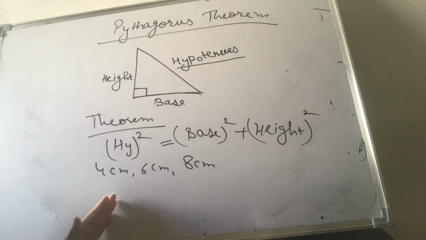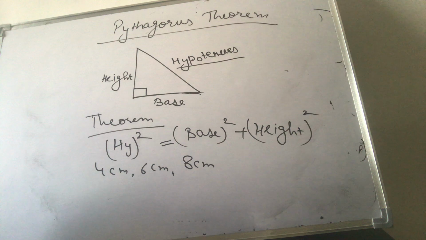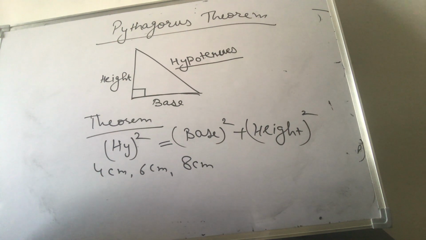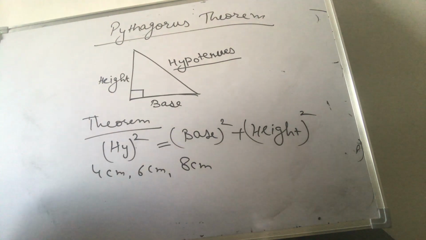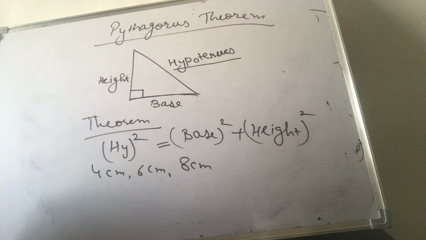Now, in this question, we are given these three sides and we have to tell whether these are the three sides of a right angle triangle or not. The longest side, the largest measure is 8 centimeter. That means it will be the hypotenuse.